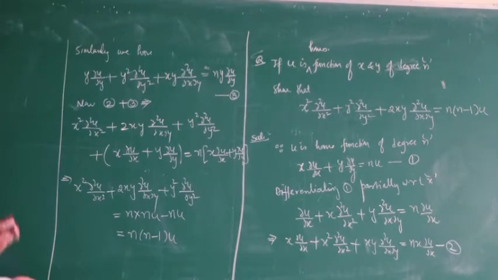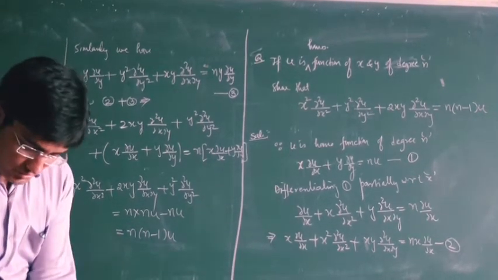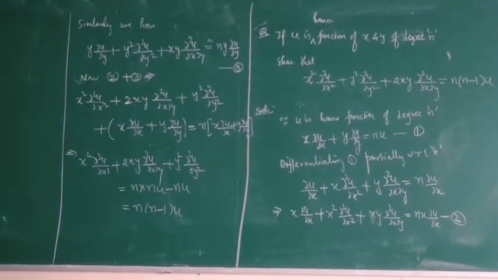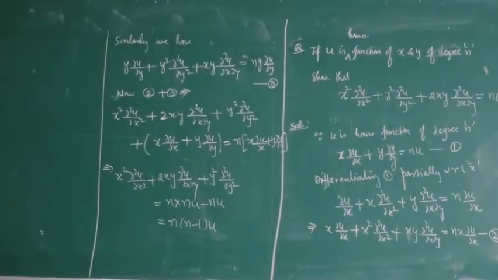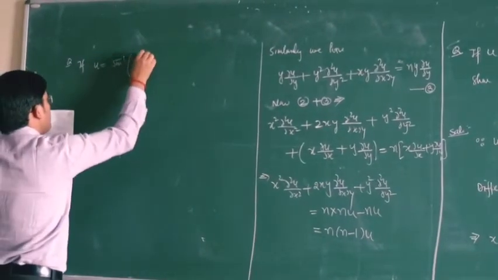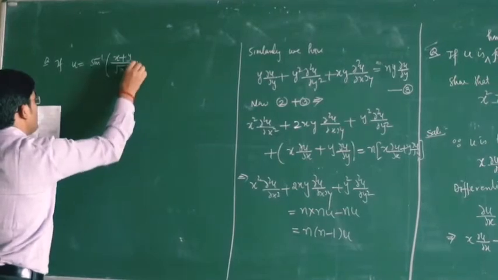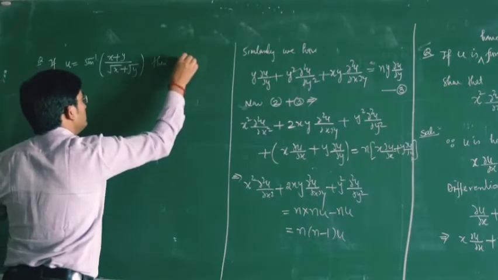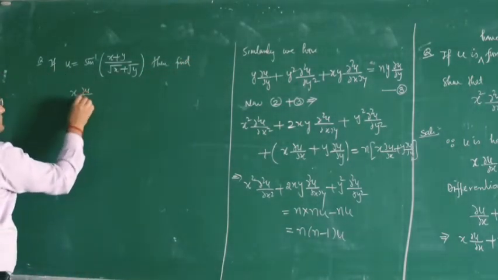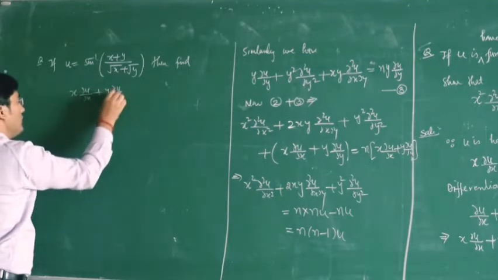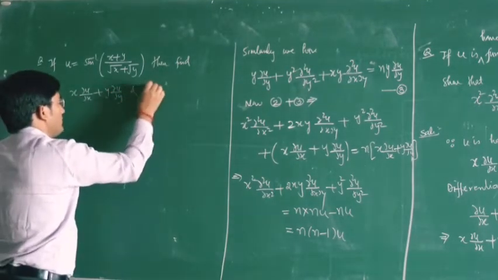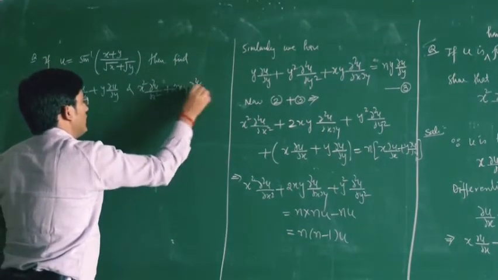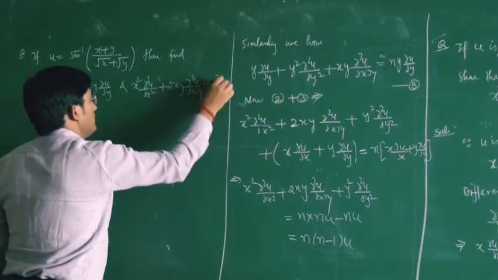Then let us solve questions based on the Euler theorem. The first question is, if u equal to sin inverse of x plus y upon under root x plus under root y, then find x del u upon del x plus y del u upon del y and x square del 2u upon del x2 plus 2xy del 2u upon del x del y plus y square del 2u upon del y2.